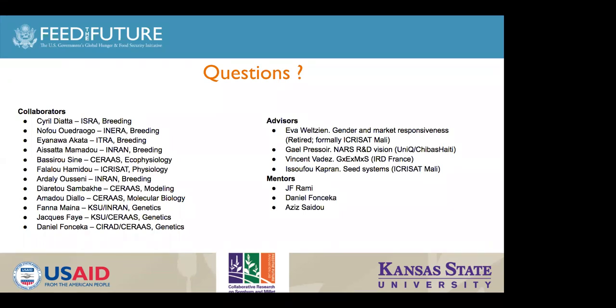Yeah, for the question asked by Peter, it's something very frequent in the breeding programs, at least for West Africa, and we tested it for many different crops, including cowpea, groundnut, millet, and sorghum.